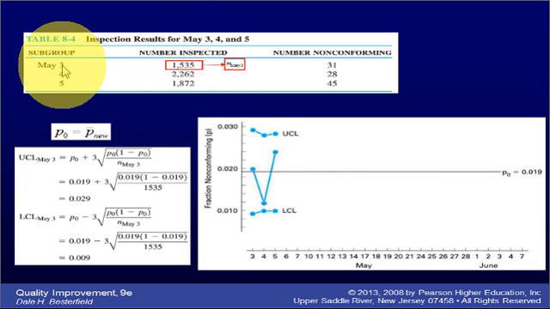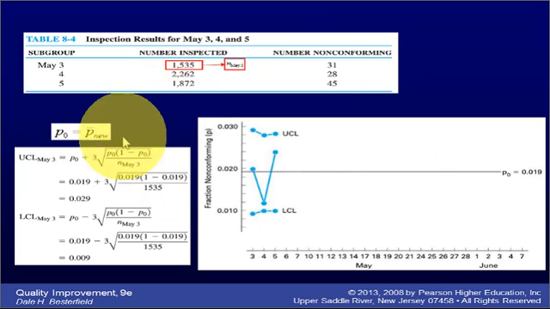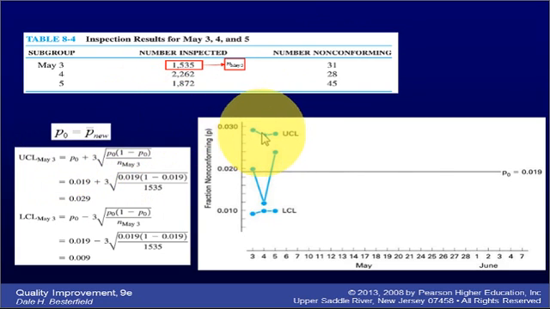If I give you 3 more subgroups on May 3rd, May 4th, and May 5th, with different numbers of inspections and the number of non-conforming units in each subgroup, you can compute these control limits for this future time. If you do not have this information on hand, then what you can provide is just the revised central line.